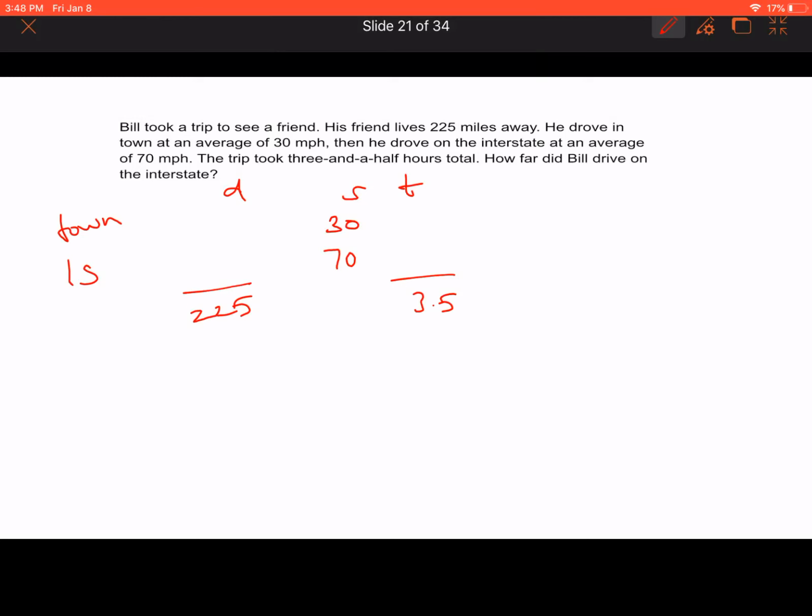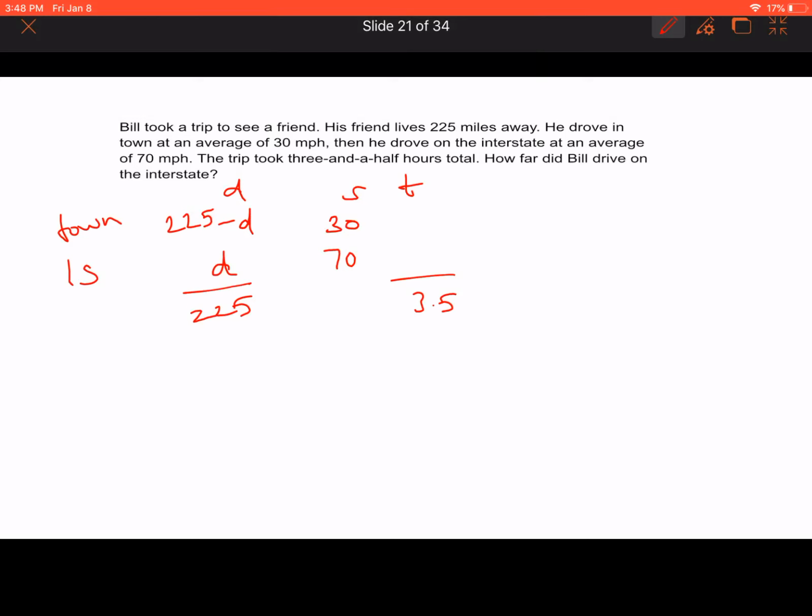So we have to find this distance, right? We keep this as D. What is the distance traveled in town? It is the total minus the distance traveled on the interstate. The total time is 3.5 hours.